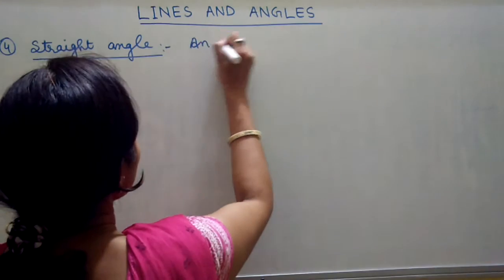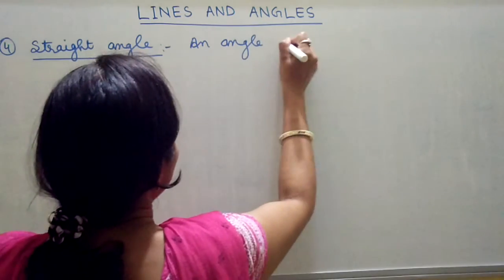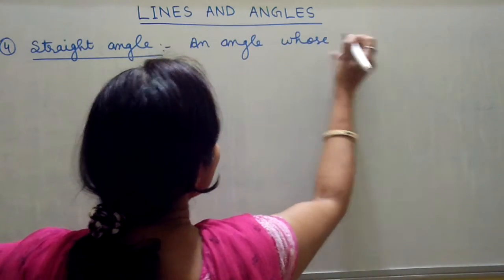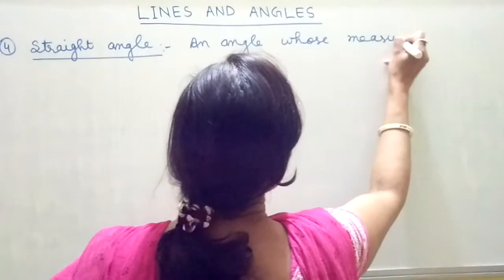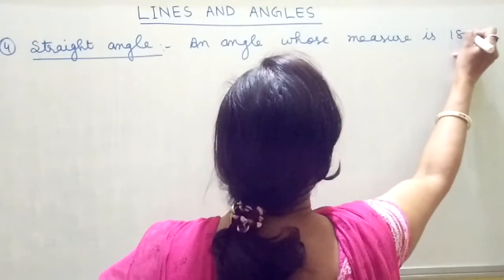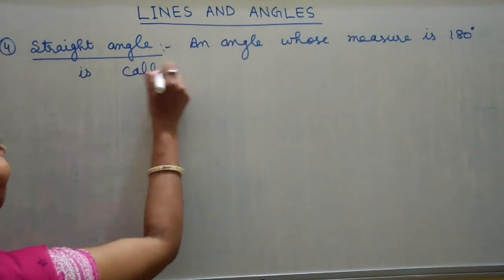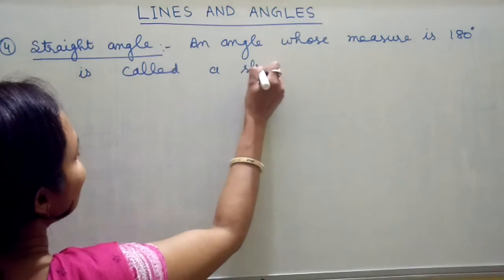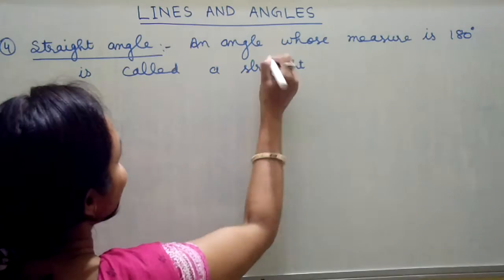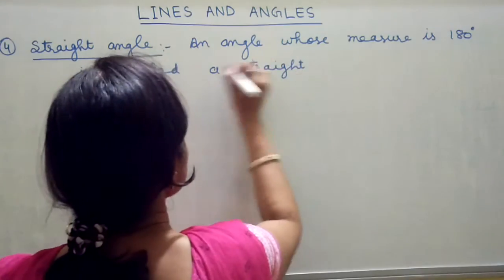An angle whose measure is 180 degrees is called a straight angle, right? That is called a straight angle.